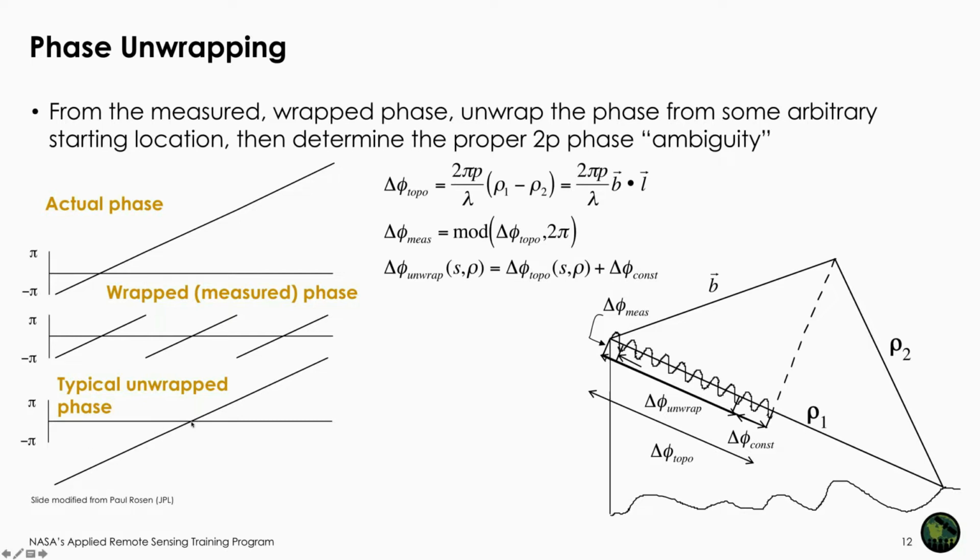But one of the other things to notice is that when we unwrap the phase, whereas the original phase started at pi and started at minus pi here, when we unwrapped it, it might come out with some other shift here, because we don't have the absolute phase.